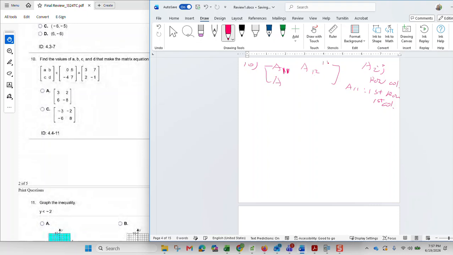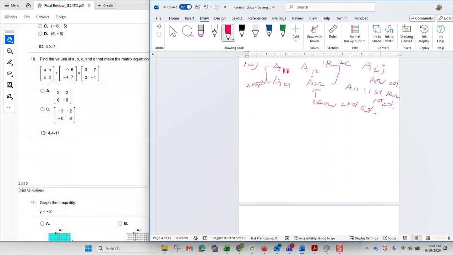A12 here means first row, second column. And then this one is in the second row, so this will be A21, and this one will be A22. That's the position for the row and column. So a little bit of identification here.